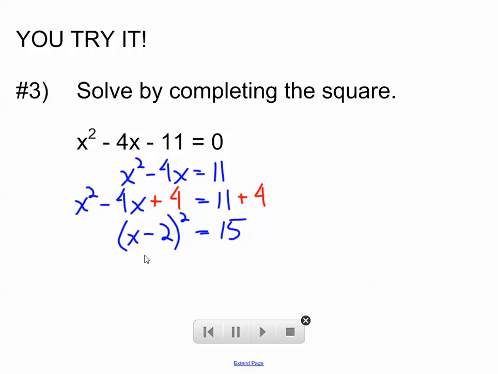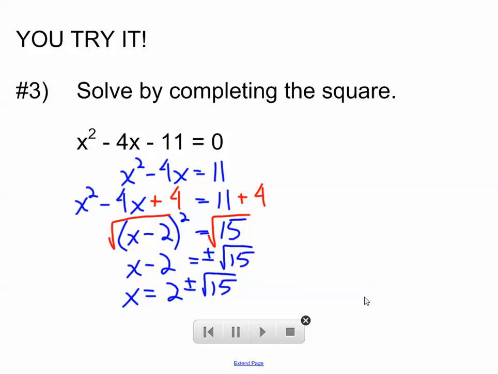Let's take the square root of both sides. Remember, it's plus or minus the square root of 15. You can't even simplify that, so just leave it. So there's our answer after we add 2 to both sides: 2 plus or minus the square root of 15.